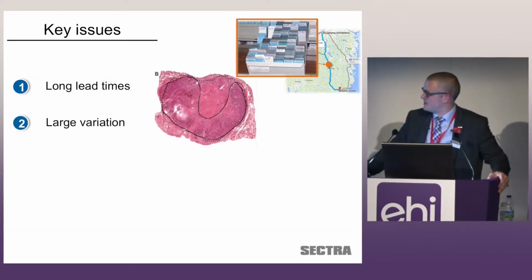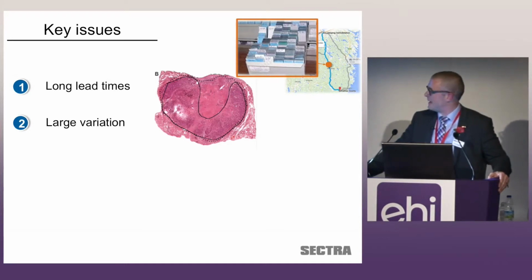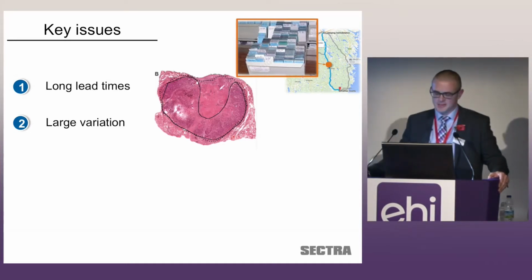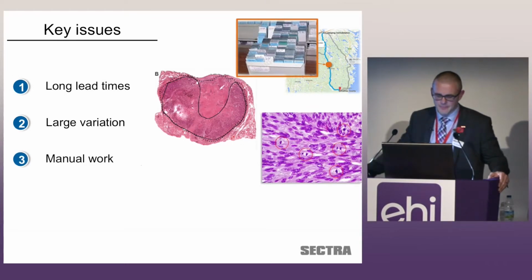As I've already mentioned, there's a huge amount of variation in diagnosis of pathology slides. There's a single analogue specimen, and the 2 lines that you can see are the opinions of 2 separate pathologists. Again, we believe the digital tools and the ease of access to subspecialists will reduce situations such as this.